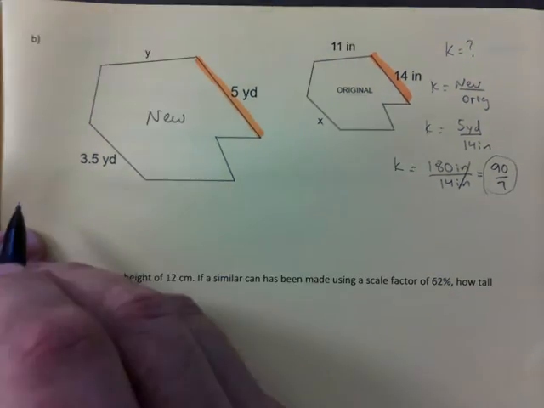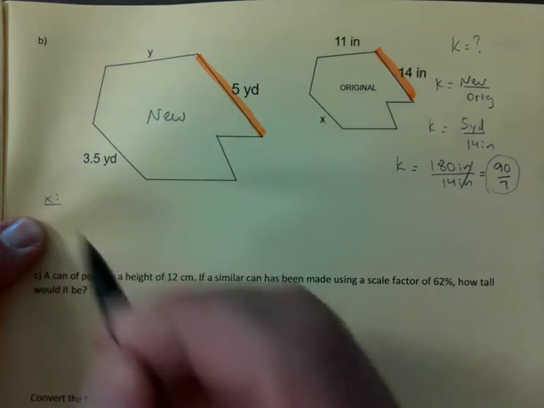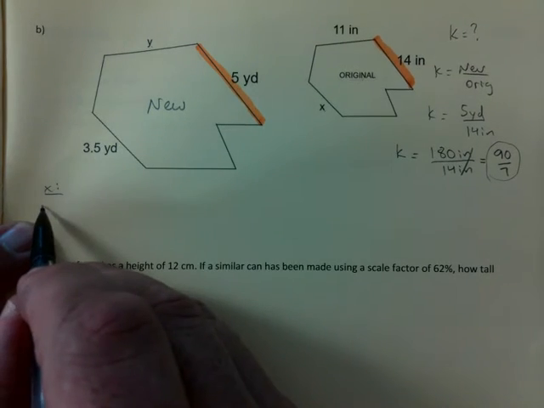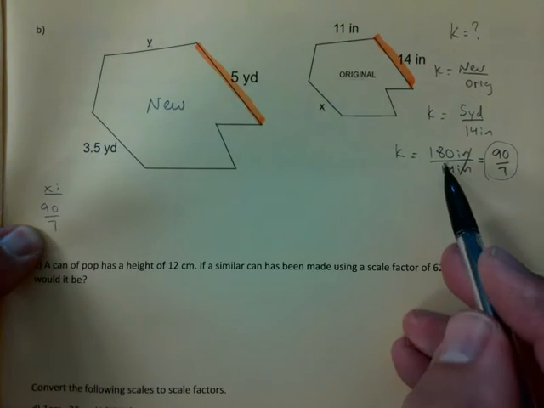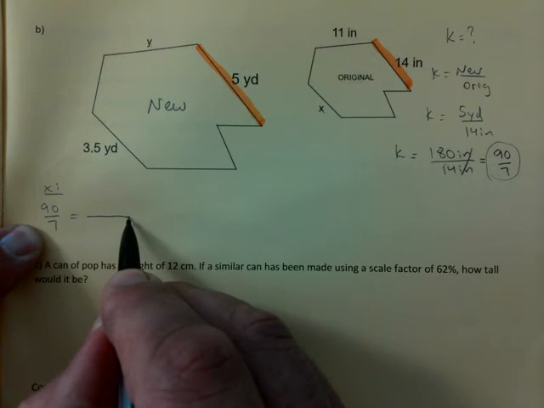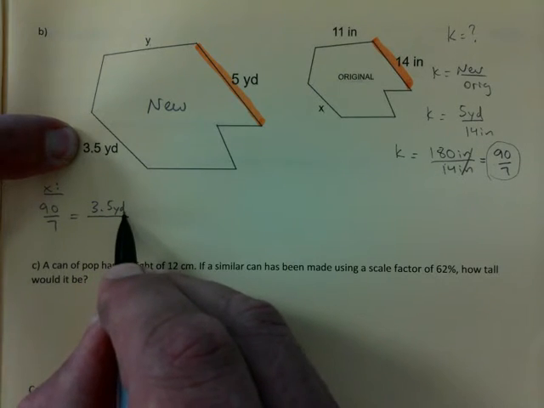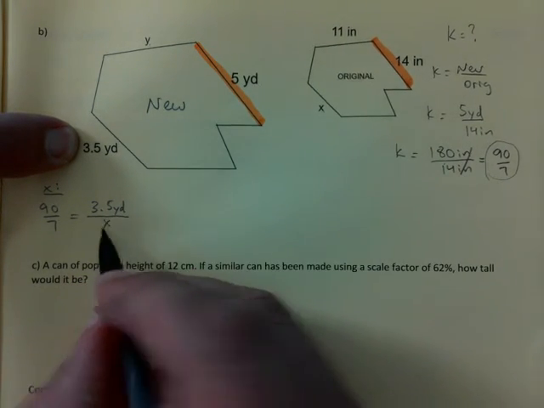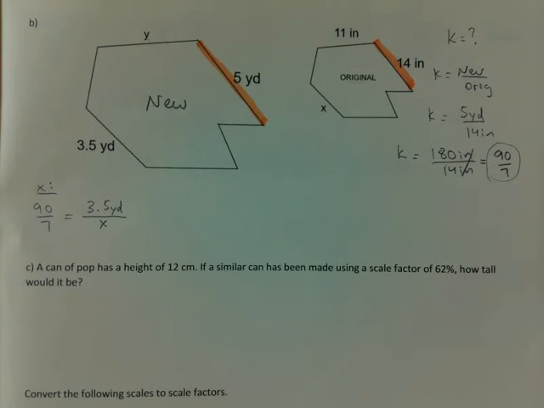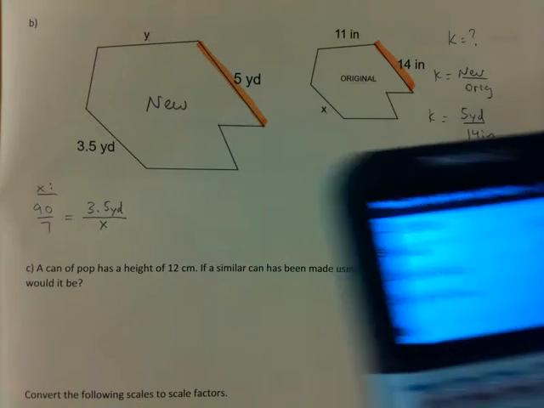So let's see here. If I want to solve for X, it's going to be my first order of business. You can use either one, by the way, right? K is equal to new, 3.5 yards, over original. So that's how it's crucial to set it up right. If you use the decimal, that's okay. Is it 12 point something? I think it's 12 point something, right? That's okay.